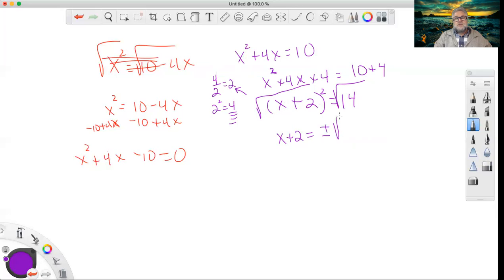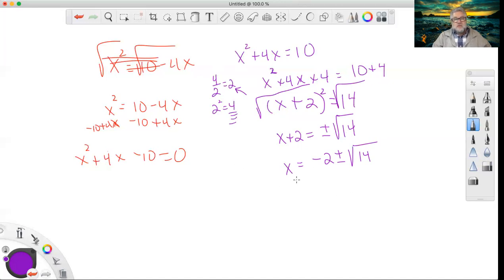It's just going to be plus or minus square root of 14. So I took the plus or minus I would have gotten from here and I stuck it over to there. So now I do x equals, I subtract the 2, minus 2, plus or minus square root of 14. Look at that, the same answer. I'm going to say this is easier.